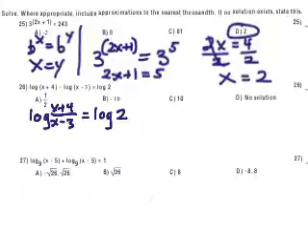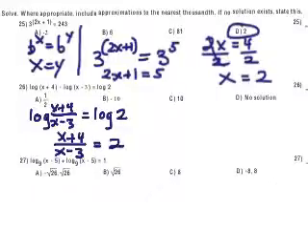Now, just like the exponent rule, if there's a log of the same base of two numbers, they're equal. So here we have x plus 4 over x minus 3 equals 2. So that's easily taken care of.